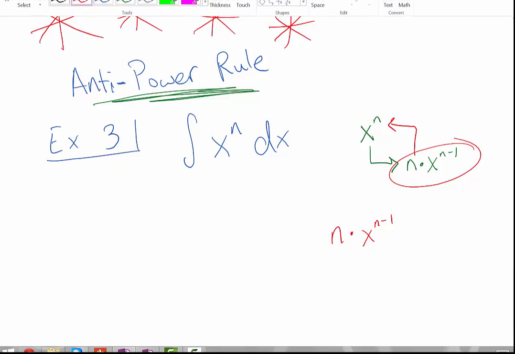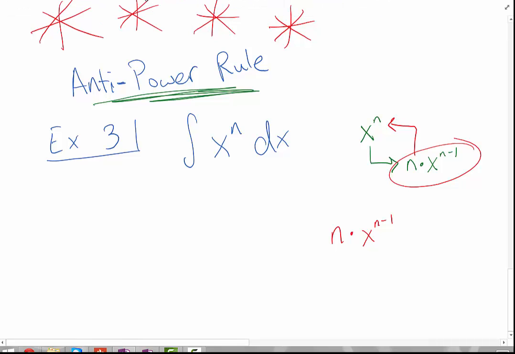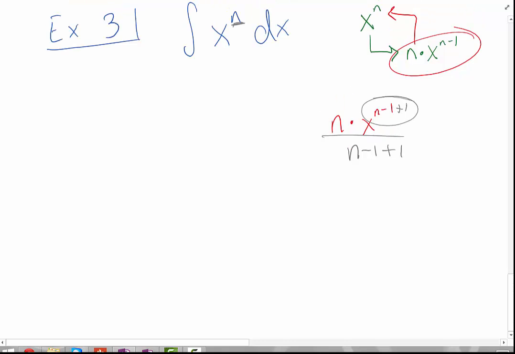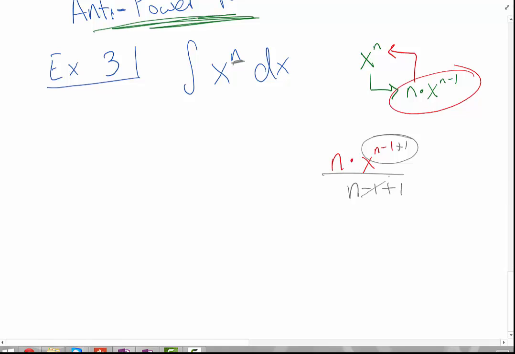First we divide by that n, and then we add 1 to our exponent. If you look at the exponent, we're dividing by 1 more than this. It's n minus 1 plus 1 that we're dividing by, but then the minus 1 plus 1 goes away.